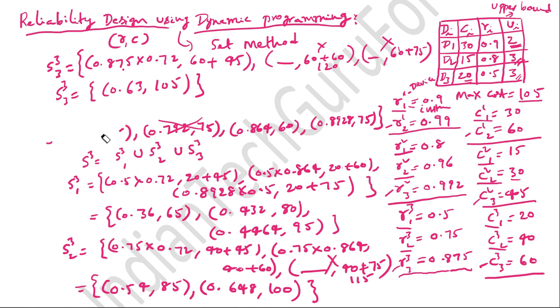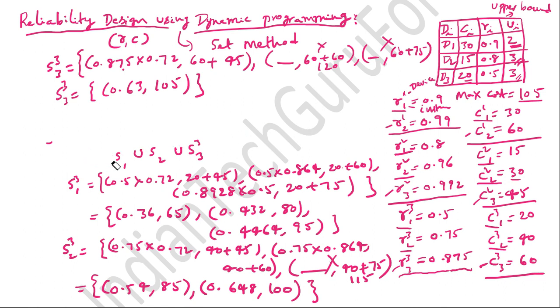Now we don't need this entry because we have already calculated all the values of S power 3. We just need to perform the union operation so that we'll get the finalized S power 3 values. So now what are the finalized S power 3 values? Let me write here.